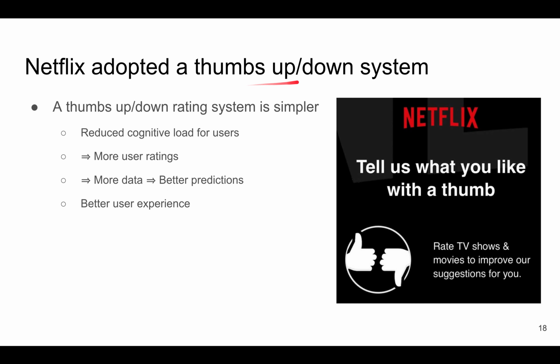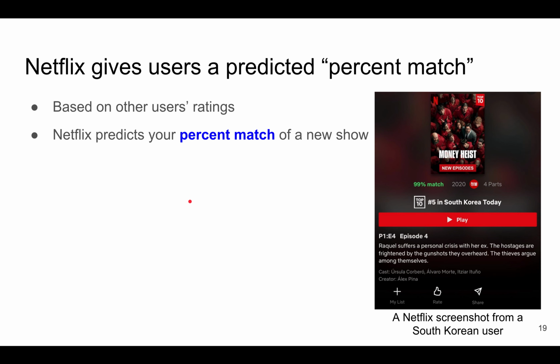And this system is much simpler, so it's easier for users to use. Just say, do you like it or you don't like it? And you don't have to try to decide, is it 3 stars or is 4 stars better, or maybe just 2 stars, and so on. More data leads to better predictions and a better user experience for Netflix subscribers.